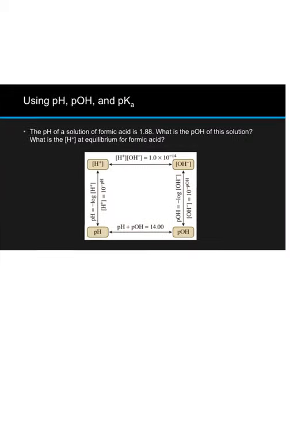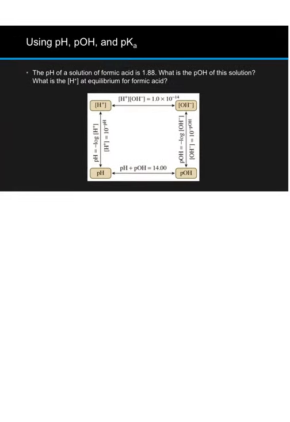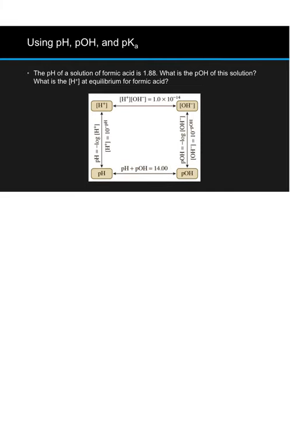We're going to use the tools that we developed on the previous slide. Namely, that pH is equal to the negative log base 10 of the concentration of H plus cations. pOH is equal to negative log base 10 of the concentration of hydroxide ions. And together, pH plus pOH equals 14.